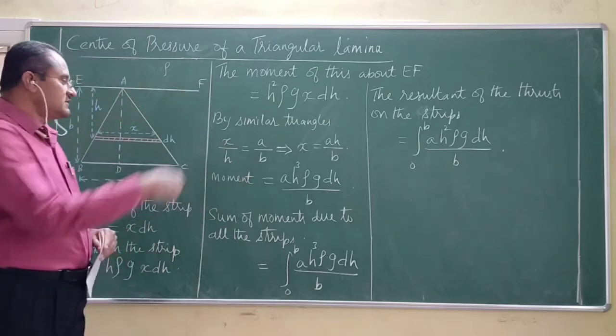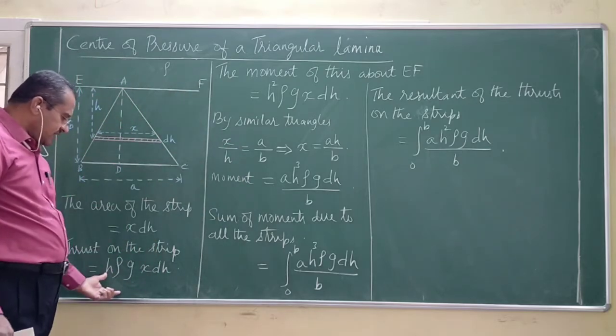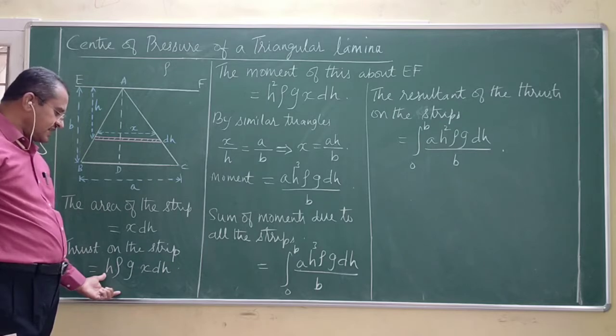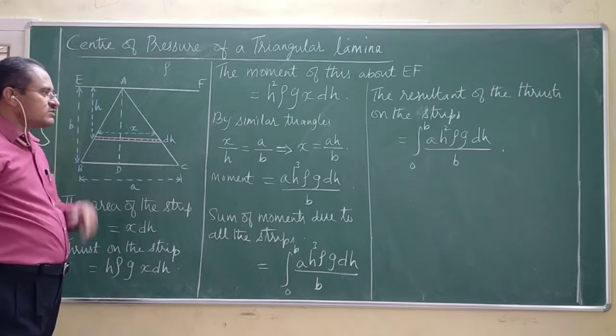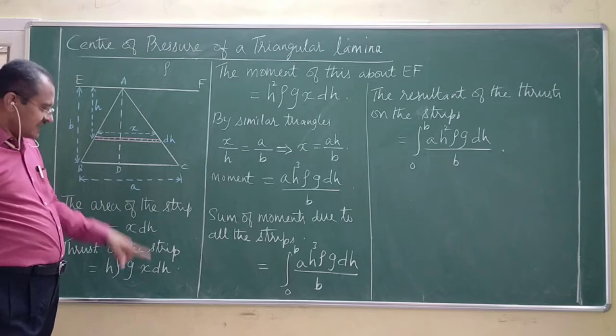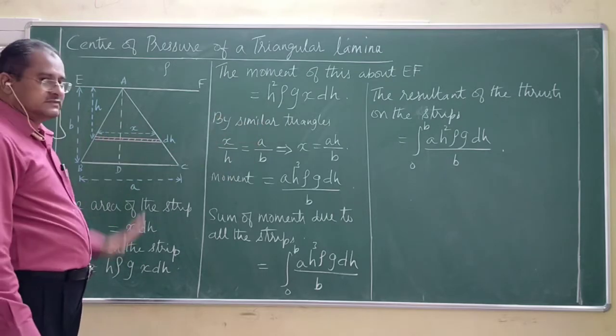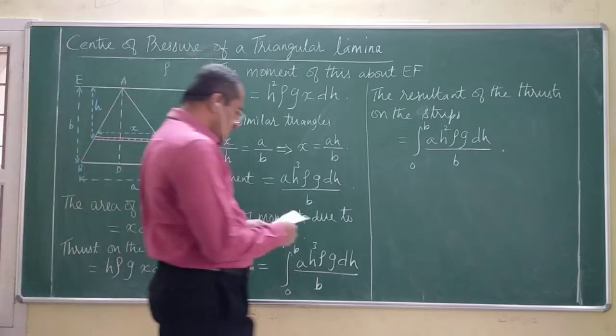This is the resultant thrust. Same thing, I could have easily integrated 0 to b of h rho g x dh. I have substituted in the place of x, a h upon b. Therefore, I have got an expression. Is that clear to you?